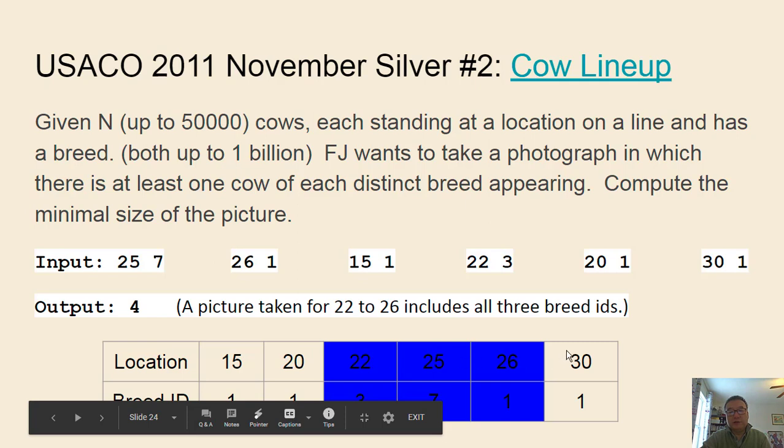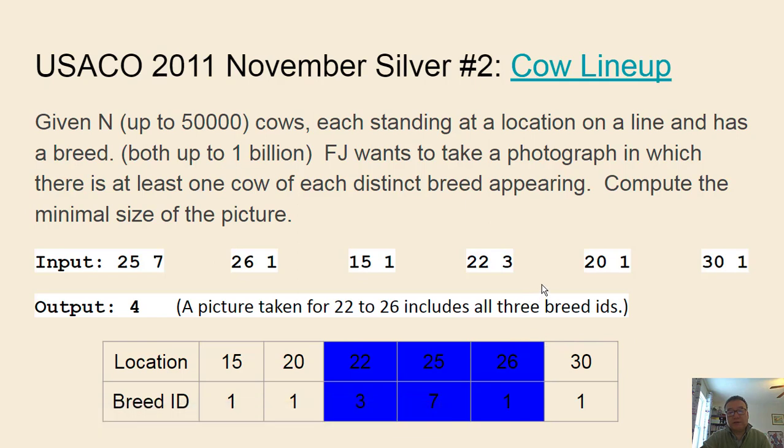We don't need to consider any window that's bigger than this, so we don't need to extend the right side of the window because it's already big. On the other hand, if we have a window that doesn't include all the breeds, we don't need to consider any sub window because we know they will not satisfy the condition. So we'll be maintaining 2 pointers, one pointing at the beginning and one pointing at the end of the window.